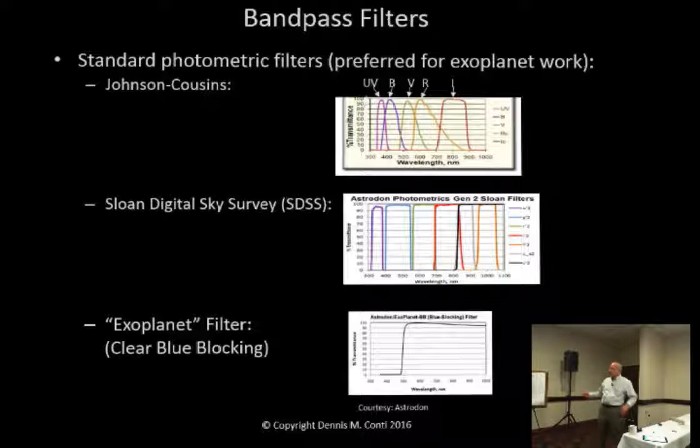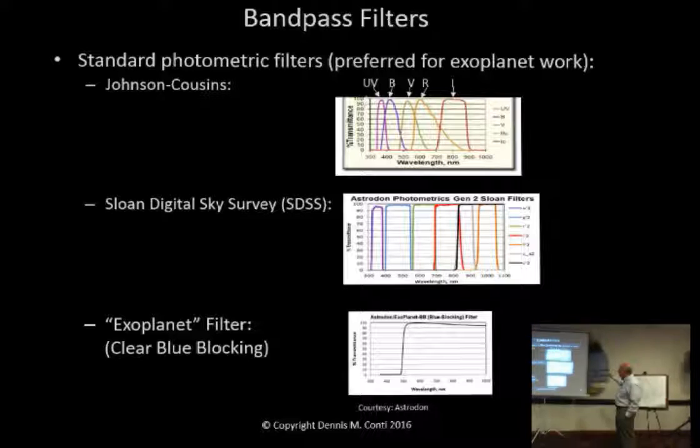I tried to put these different plots over each other in the same bandwidth. For example, at 500 nanometers here, this is between the Johnson-Cousins blue filter and V filter, but it's on this side of the SDSS blue filter, and on this filter here it's probably negligible.